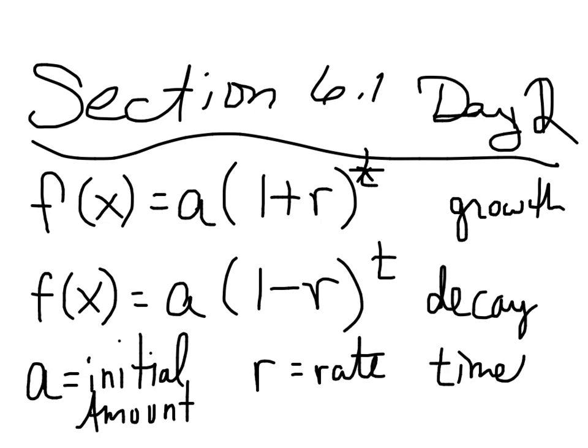Okay? So here's what it says. In the year 2000, the world population was about 6.09 billion. During the next 13 years, the world population increased by about 1.18% each year. Come up with your equation. That's the first step.